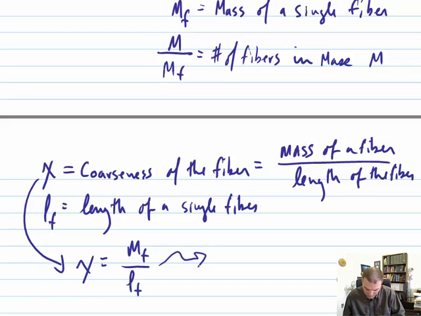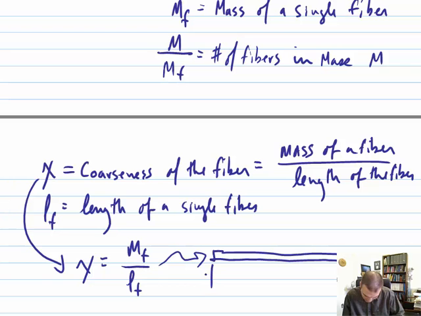Well, I want you to think just a little bit about coarseness. Maybe it's easier to explain in terms of a rope. If we imagine we had a rope here, it's relatively easy to measure the weight of that rope. This rope has a particular length and a particular mass.